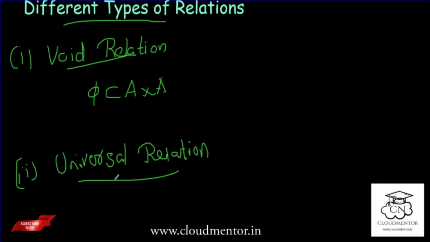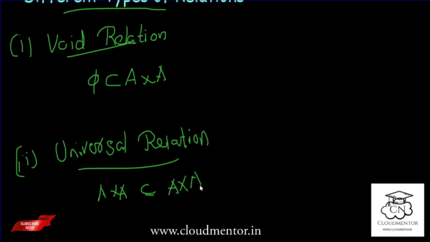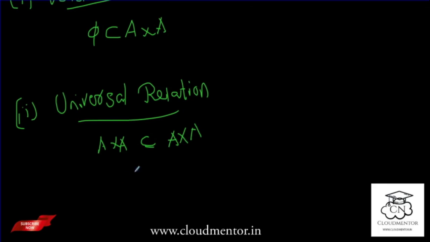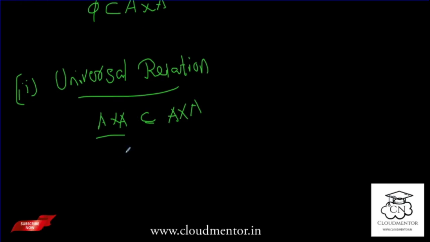Universal relation: let A be a set and A cross A is a subset of A cross A. It follows that A cross A is a relation on A which is called the universal relation.